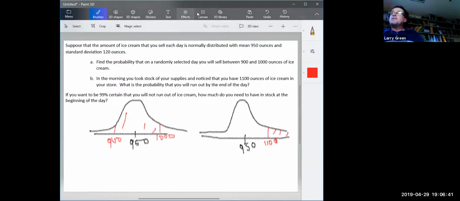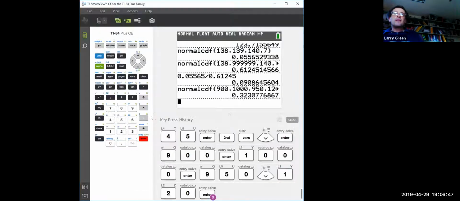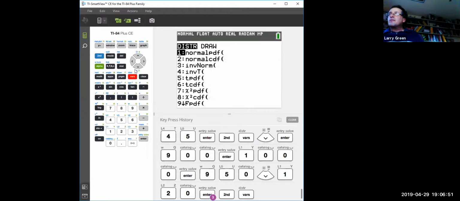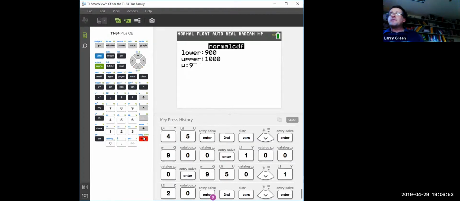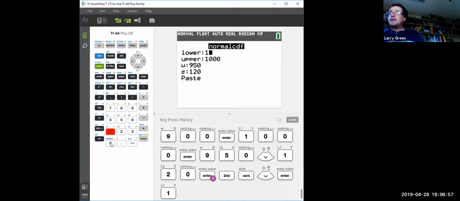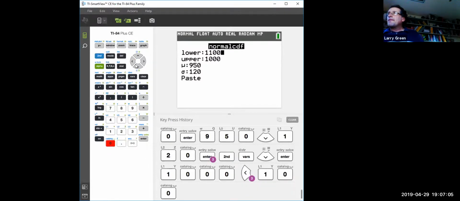So we go ahead and we put in our calculator. So in this case, we're going to get a normal CDF. And this time the lower was 1,100. What's the upper?